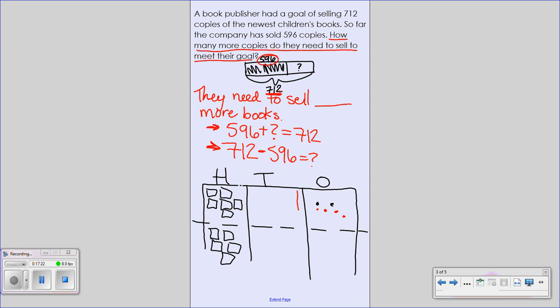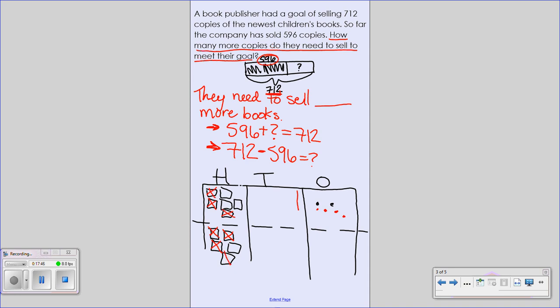Alright, let's move on to my hundreds now. I have 1, 2, 3, 4, 5, 6 hundreds. Subtract 1, 2, 3, 4, 5 hundreds. Do I have enough to do that easily? Yes. What is that going to be if I have 600 minus 500? Can we know?